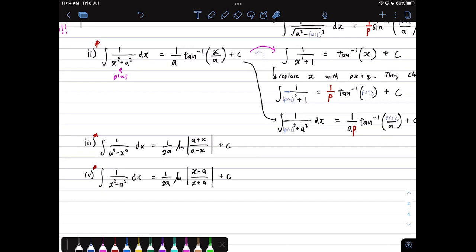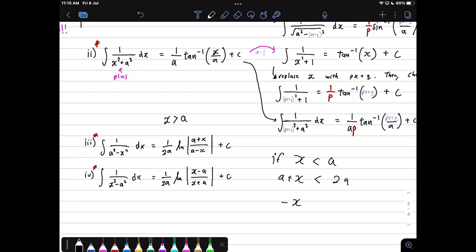What's the reason? Let's consider what happens if x is less than a. Won't it just be negative? It should still work, right? Let me think a bit. Why did they restrict it to be more than a? If x is less than a, then a plus x will be less than 2a on the numerator.